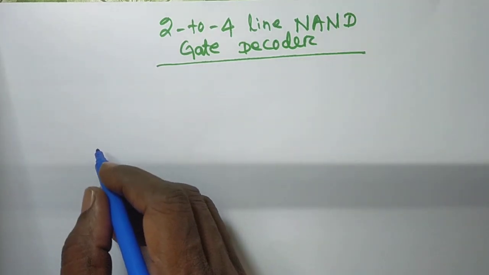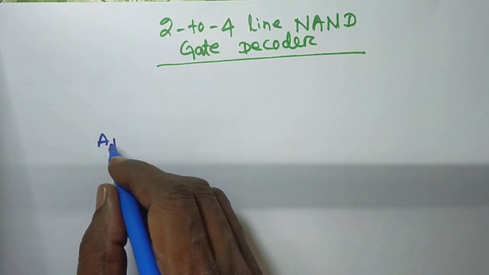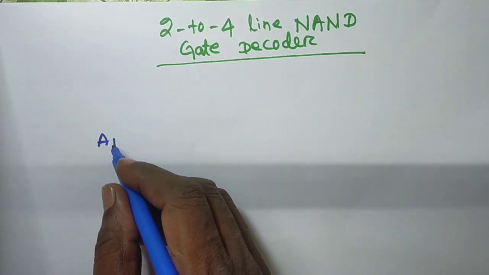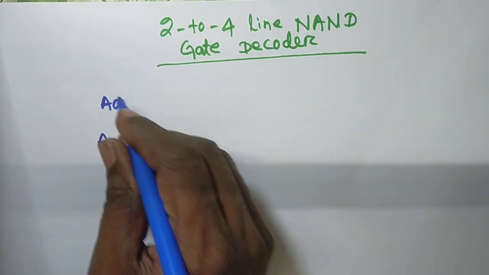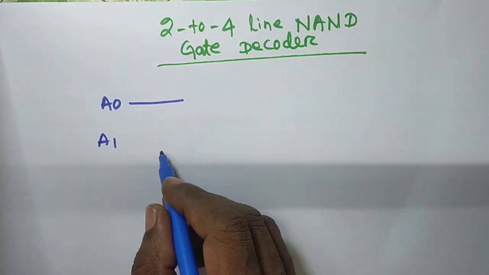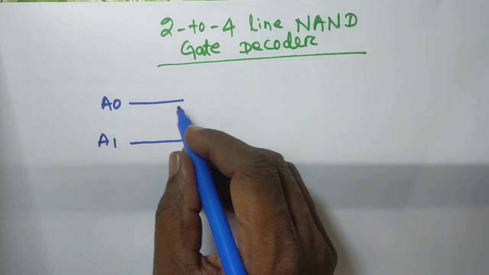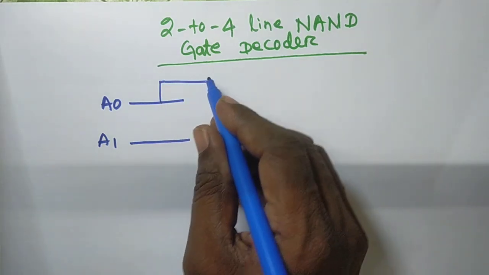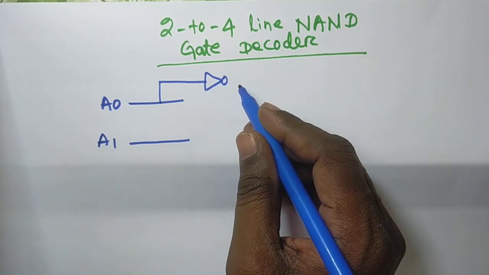Let the two inputs be A1 and A0, either order, it doesn't matter. Similarly, one part is a direct input, another part is an inverter, as you like. You can design it in different ways or the same way, it doesn't matter.